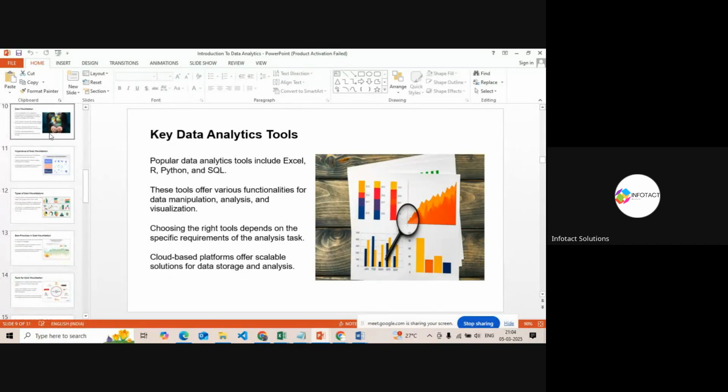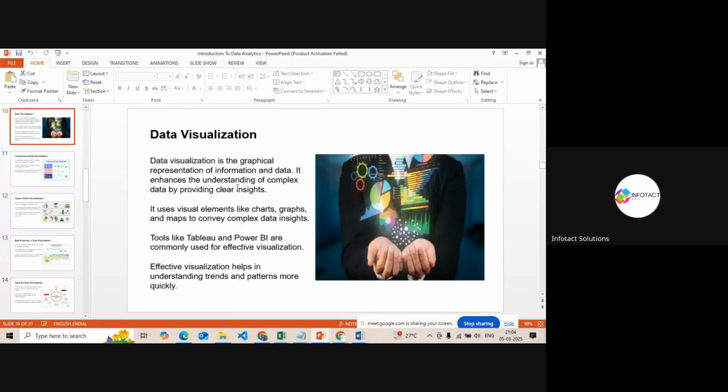Then it comes to what is data visualization. Data visualization is the graphical representation of information and data. What are the tools and technologies you are using for data analysis and visualization? Power BI and Tableau. Python, also Matplotlib.